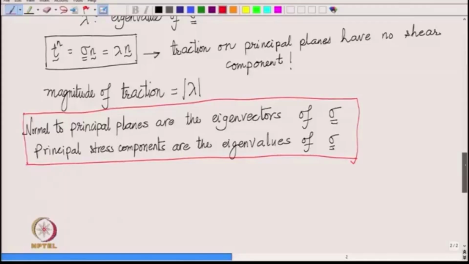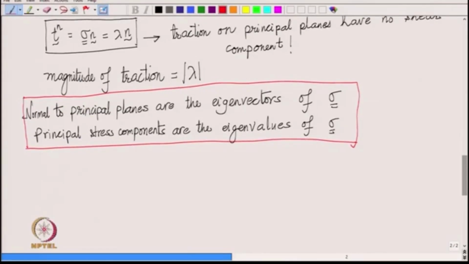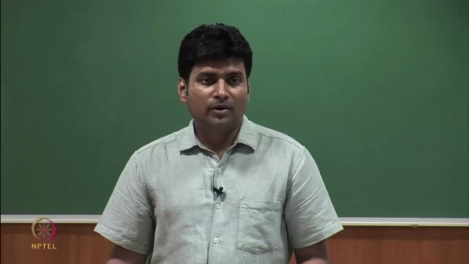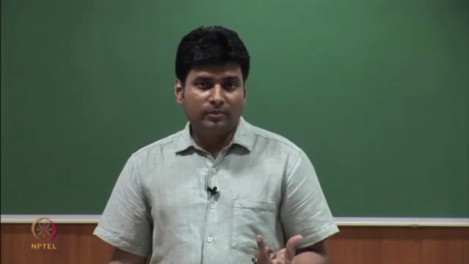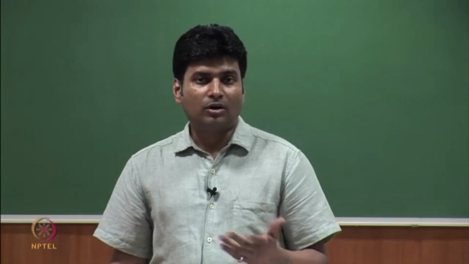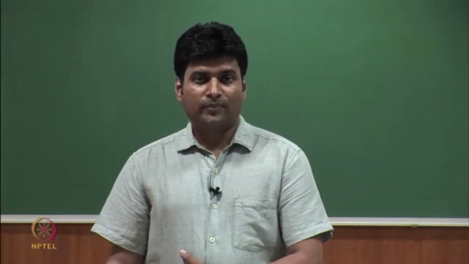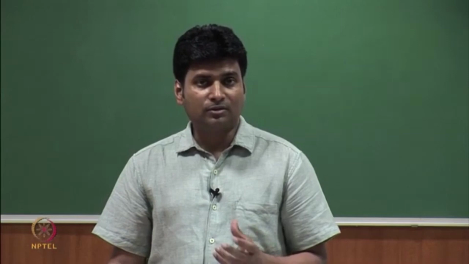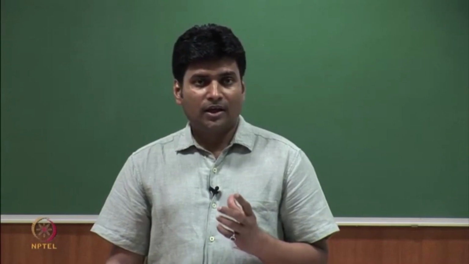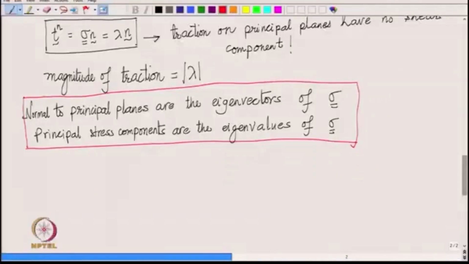First of all, this stress matrix, it is a 3 by 3 matrix, right. So, how many eigenvectors can be there? So, a 3 by 3 matrix will have maximum 3 eigenvectors if the eigenvalues are all different. And because the stress matrix is symmetric, it ensures that it has all those 3 eigenvectors.